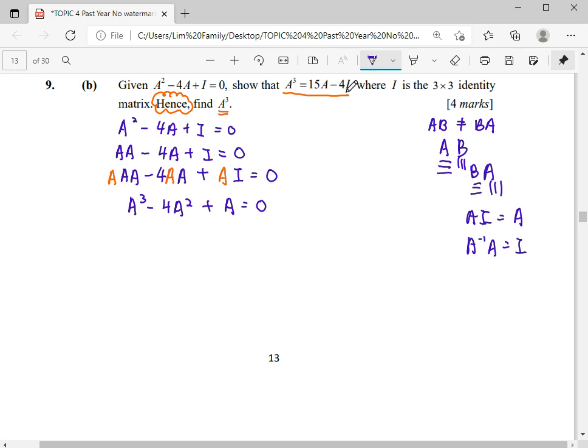By the way, what we need to show is A cube equals 15A minus 4I, so it doesn't reach that stage yet. What can we see from the equation?